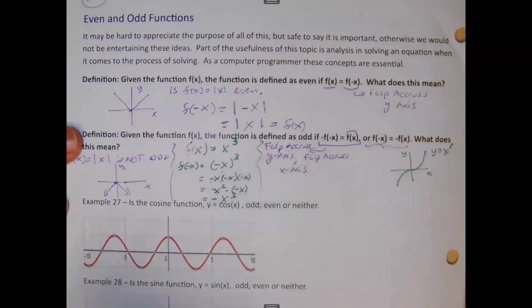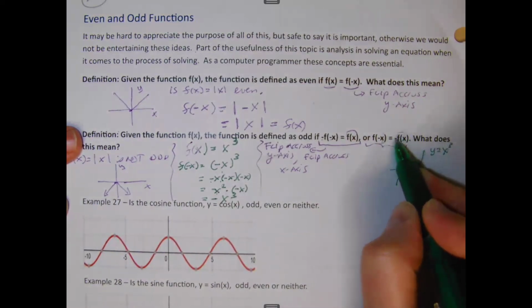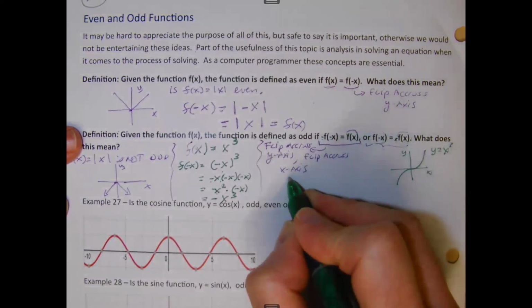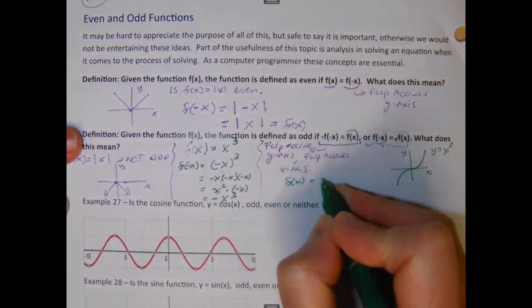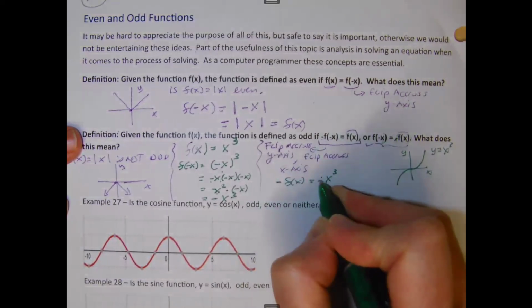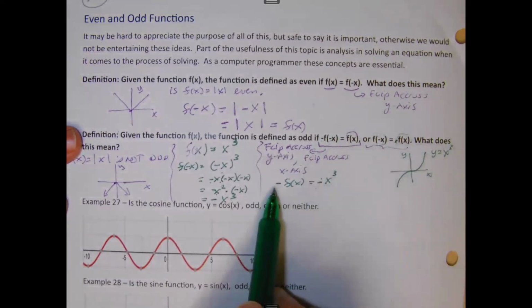Okay, so I get this. Now, what this one says is, hey, take the original one and take the opposite of that. So here's the original one. Now, what does it want me to do? Take the opposite of it. So I take the opposite of it. What do I get? Well, there's nothing to do with it. That's it. Take the opposite of both sides.